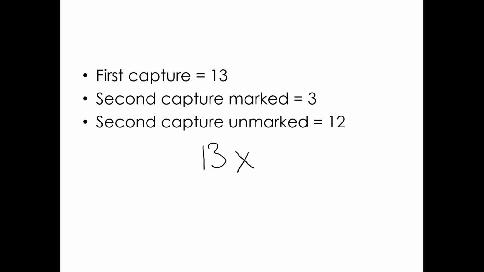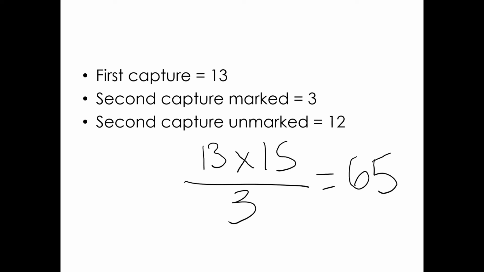Remember, the N2 is the total number caught in the second sample. So that's my marked and unmarked, so that'll be 15. And then that's divided by my marked individuals in the second sample, which is 3. So 13 times 15 divided by 3. So I've got an estimate of 65 mice.